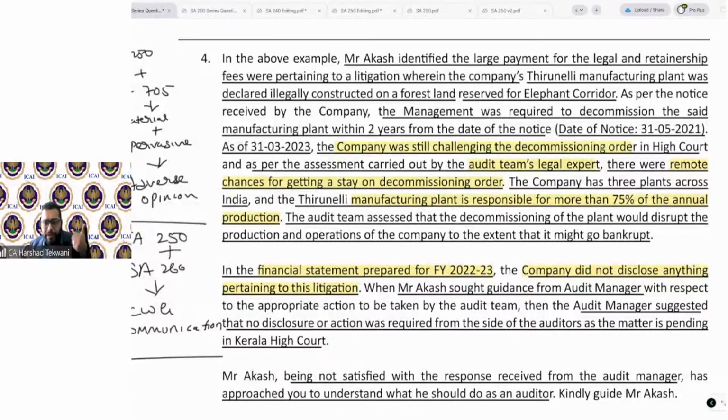So first I'm required to report an adverse opinion. Number two, I'm required to communicate to those charged with governance, because these are of such a nature which are important.